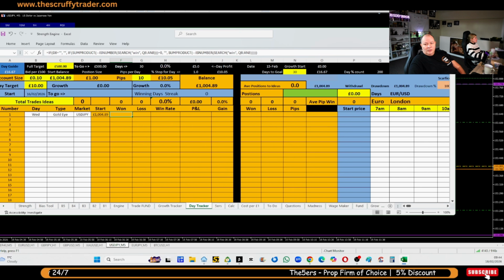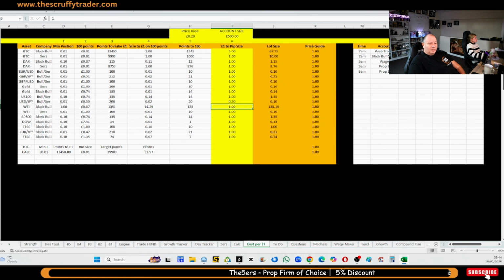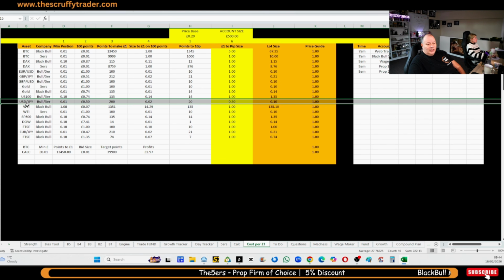Okay, so how do I work that out? Well, that's very simple. I have a little cost calculator here. So it tells me USJPY, if the minimum position is 0.01, if I do 100 points, it'll make 50p. So 200 points makes £1.